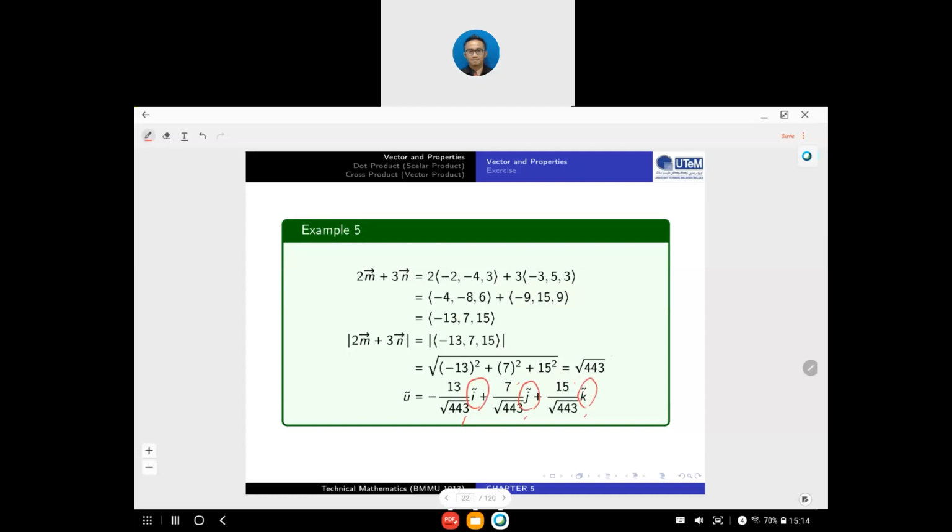Make sure you put the vector symbol. If you write i, j, k without the vector symbol, it is automatically wrong, because that is different. If you write it like this, it means a scalar, not a vector. Make sure that in the final exam you write the correct symbol. Can you understand? Any problems for this example?